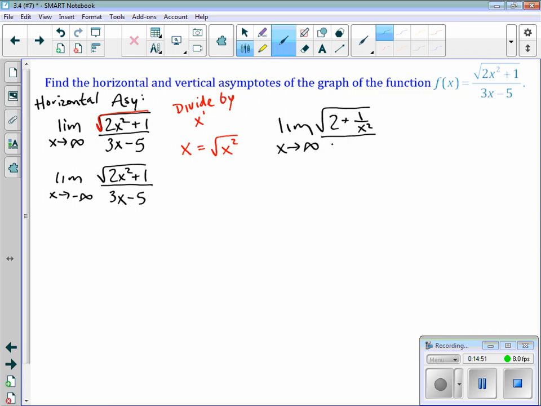So what do I end up with for an answer here when I apply x going to infinity? Square root of 2 over 3, right? Square root of 2 on top because these x pieces go away. Okay, so that's our first horizontal asymptote. How do I write the equation for that? y equals square root of 2 over 3.